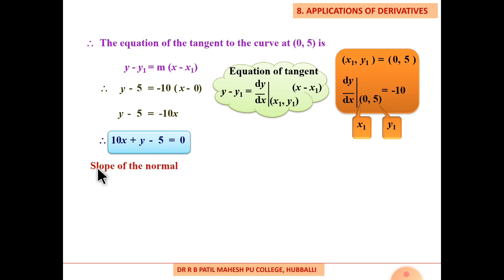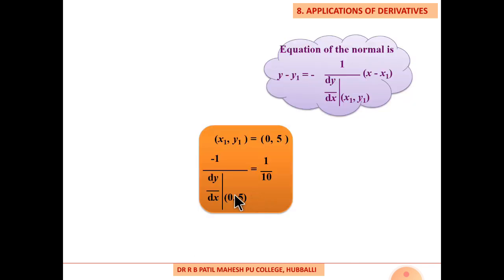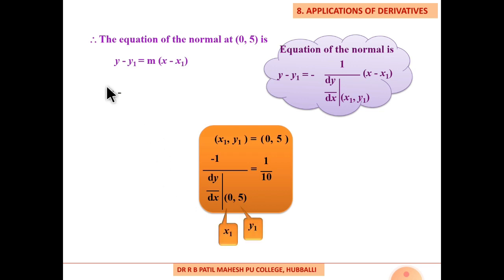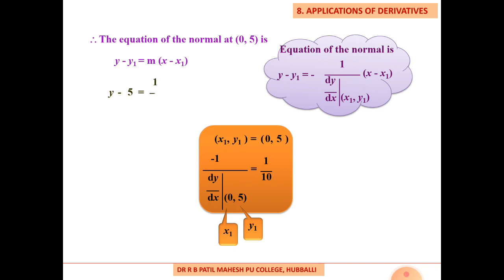Now similarly, the slope of the normal. How to calculate the slope of the normal? Minus 1 divided by the slope of the tangent. The slope of the tangent here is minus 10, so we get plus 1 by 10 as the slope of the normal. Next, the equation of the normal: you can apply the same formula with the same point, only the slope value changes. Take the slope as 1 by 10, with x1 and y1 as they are.